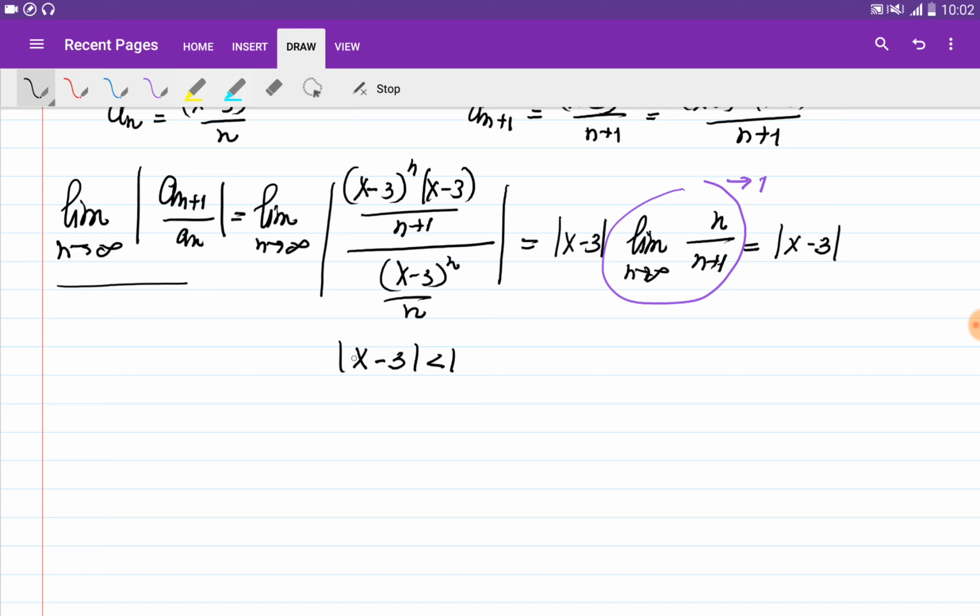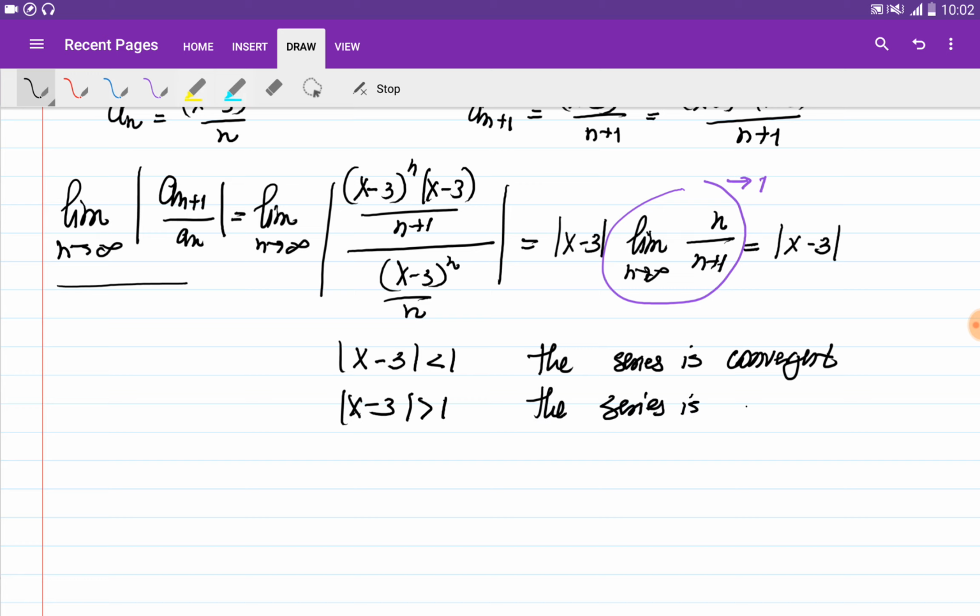So the series is convergent in this case. When the modulus of x minus 3 is more than 1, then the series is divergent.